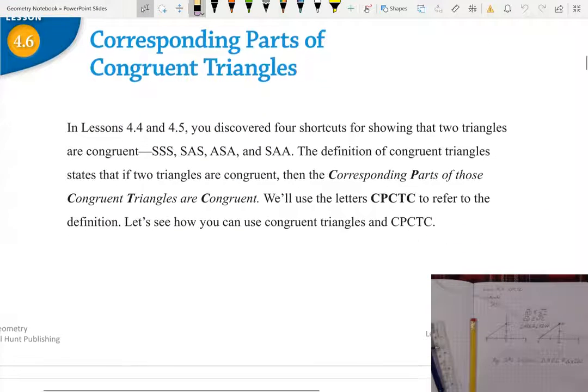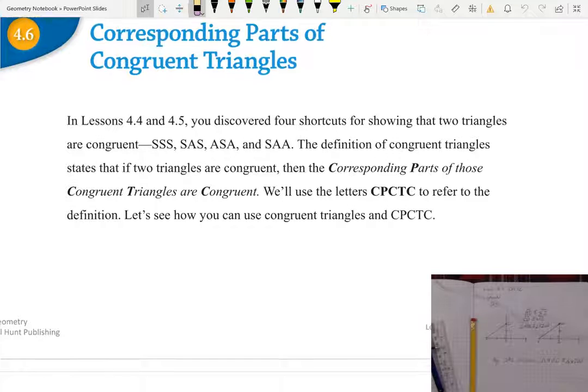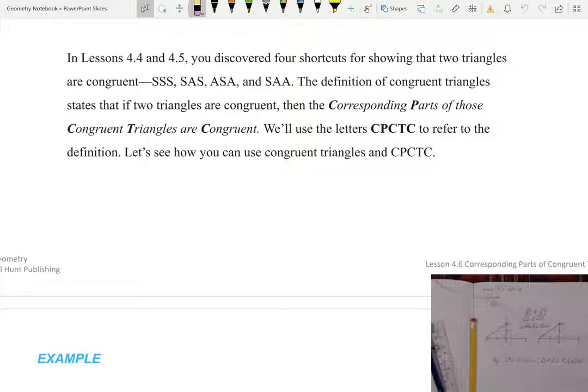In lessons 4.4 and 4.5, you discovered four shortcuts for showing that two triangles are congruent. They are SSS, SAS, ASA, and SAA. And the definition of congruent triangles states that if two triangles are congruent, so this is like the crux of this lesson right here, then the corresponding parts of these congruent triangles are congruent.